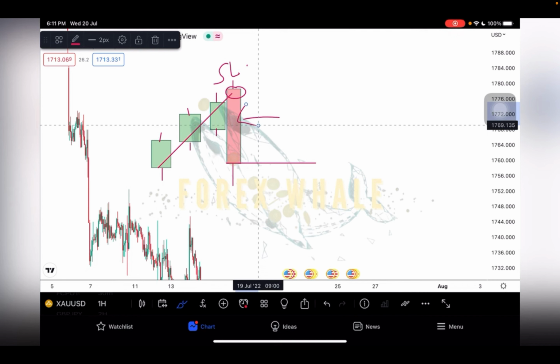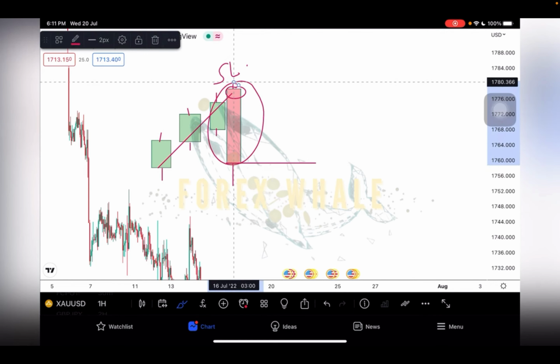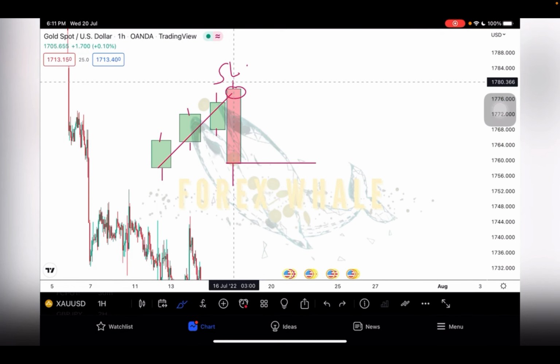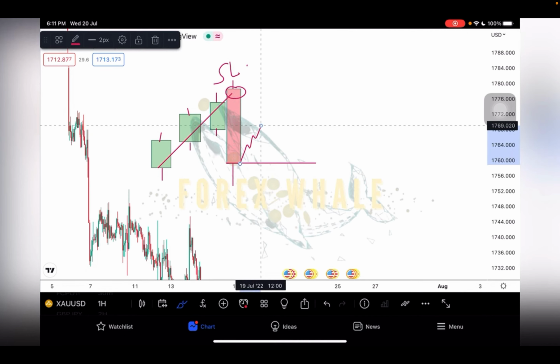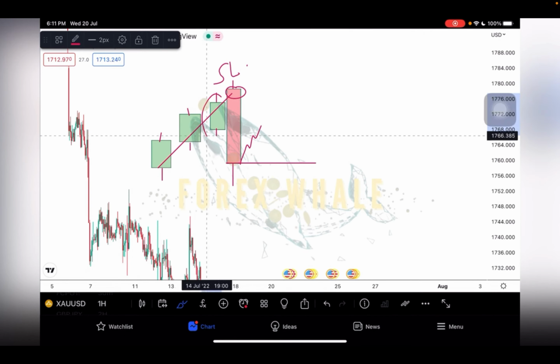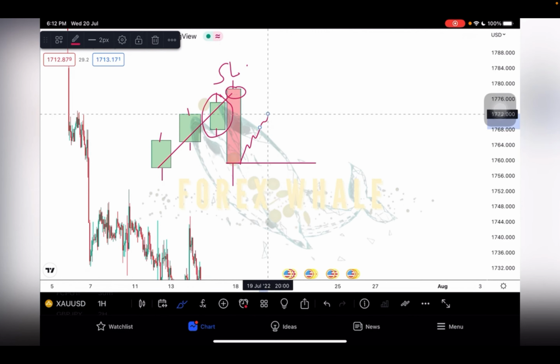Once price has already formed this bearish engulfing, what you can do is just place an instant trade, or you can wait till price retests or retraces a little bit somewhere around this area, and then place your trades.